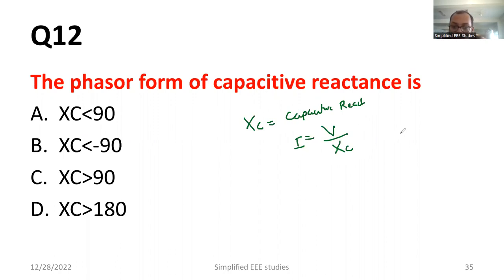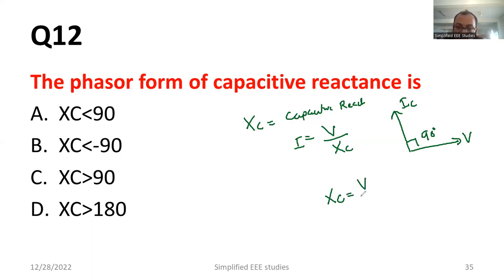If I talk about the capacitor circuit, let us take voltage as reference. The current will be always leading. So let us take this as 90 degree. If I take the ratio V by XC, this is a general formula. From this you can calculate XC.